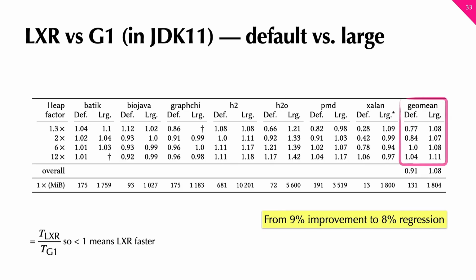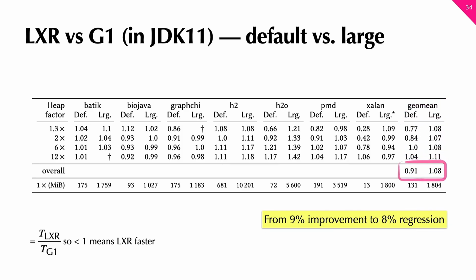Same thing with the 2x heap size. It's an improvement that's turned into a regression. Then it's an on-par result that's being turned into a regression, and then a regression that's being a little bit increased by going to the large workload size. So we're seeing like a 9% improvement going to an 8% regression by switching from default to large workloads, right?